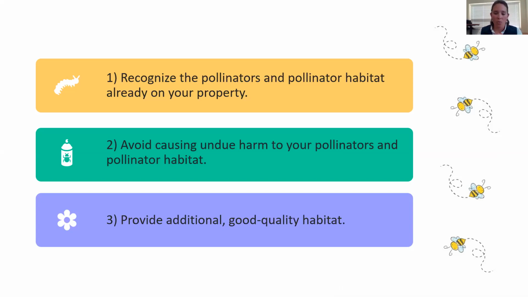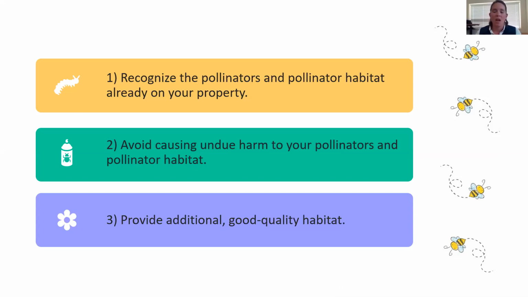So start paying attention. Start watching for those pollinators that you have, and not just the bees, but also the flies and the beetles and the hummingbirds and the other creepy crawly bugs that you have around that are pollinators on your property. And see if you can identify them, see if you can identify what some of their habitat needs might be.